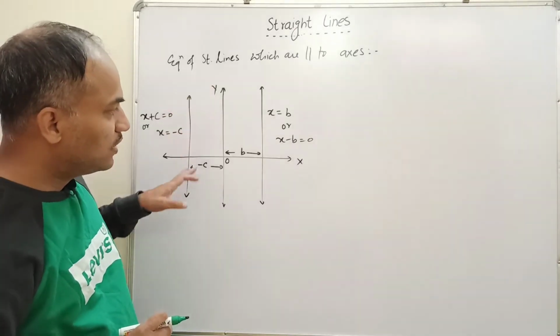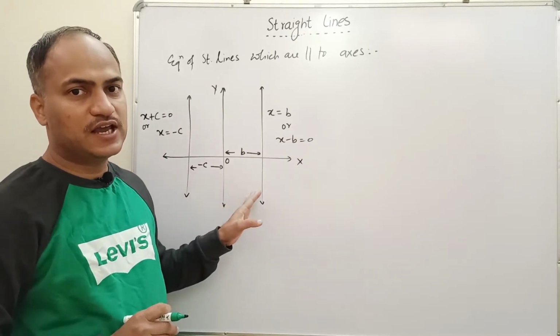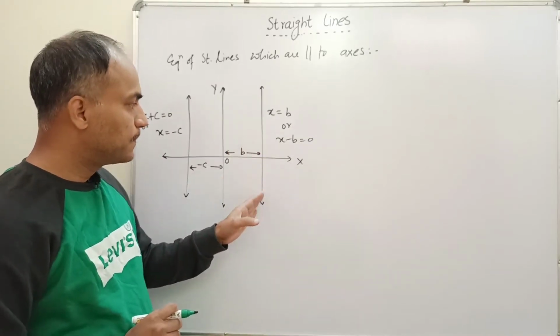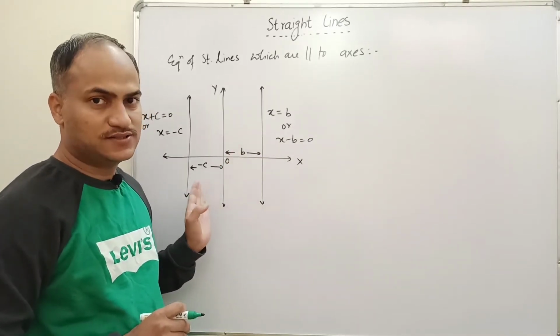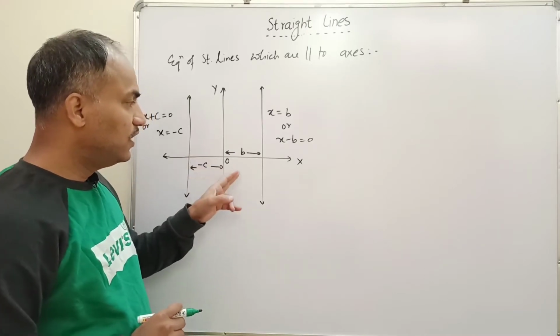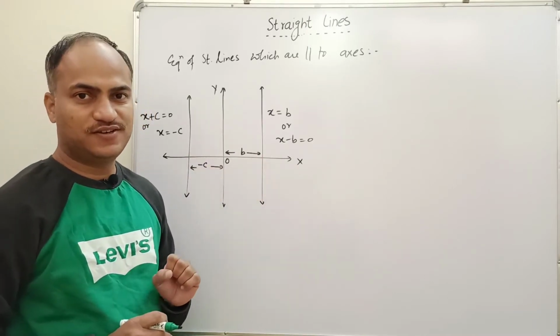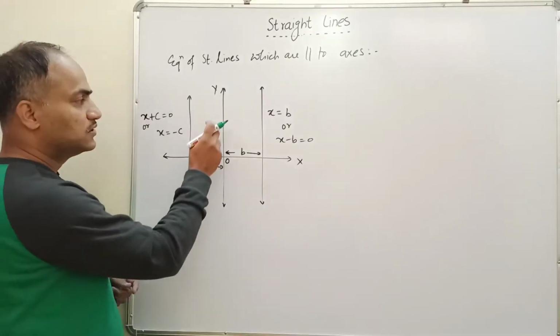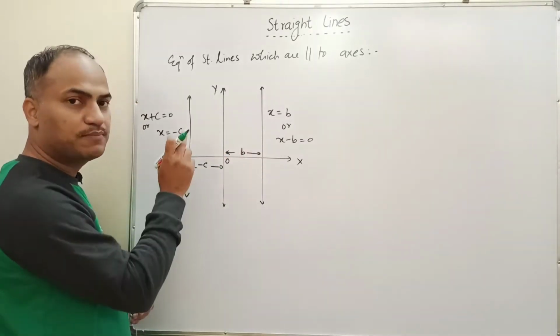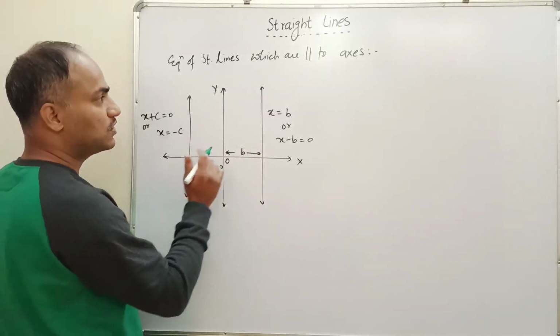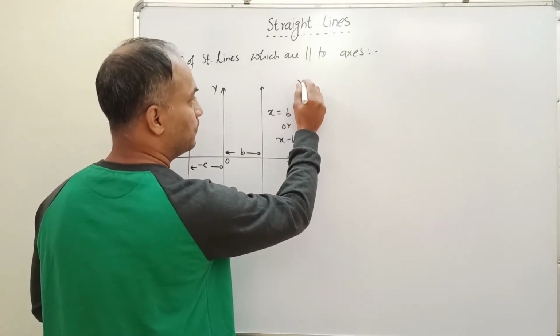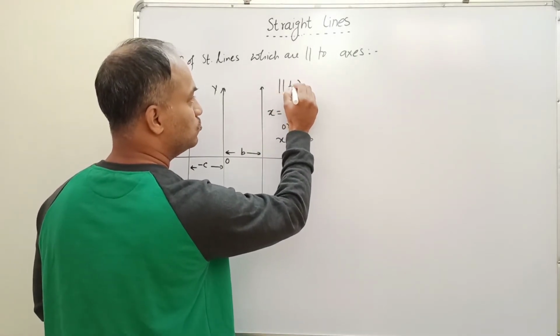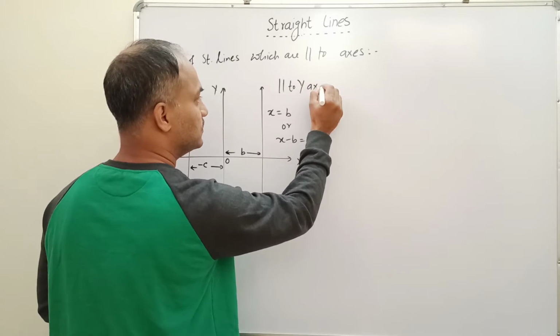So this we need to understand: whenever we have any line which is perpendicular to the x-axis, we will find the equation in this way. Or you can say these equations of straight lines are parallel to the y-axis.